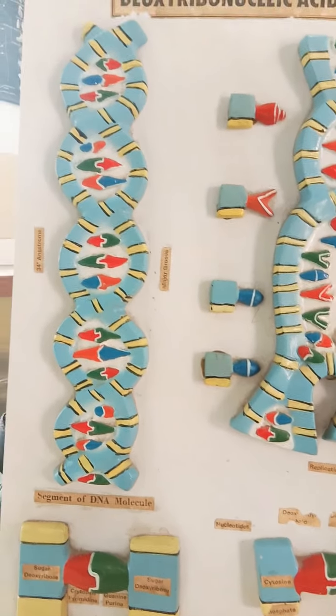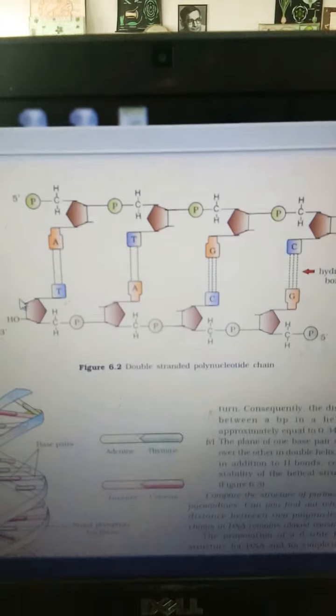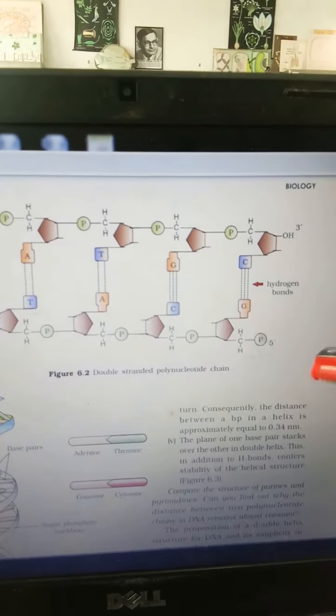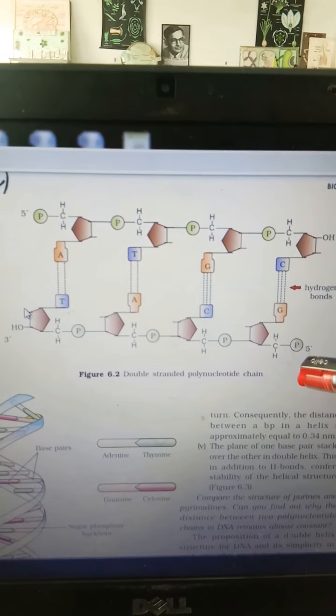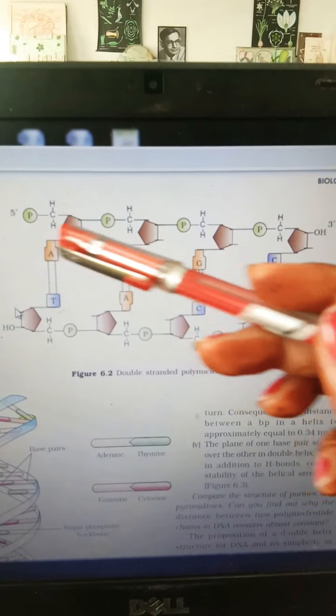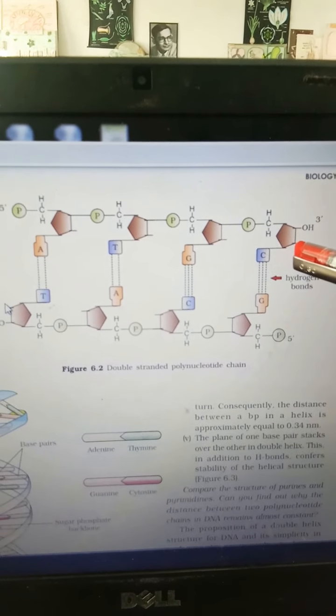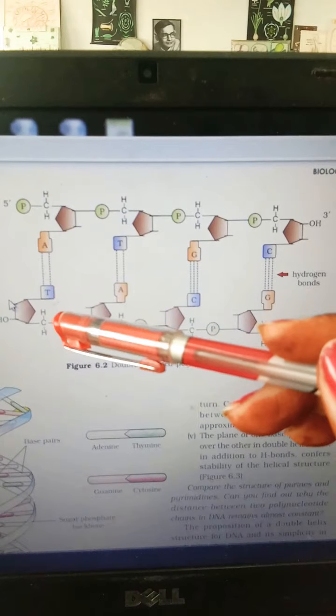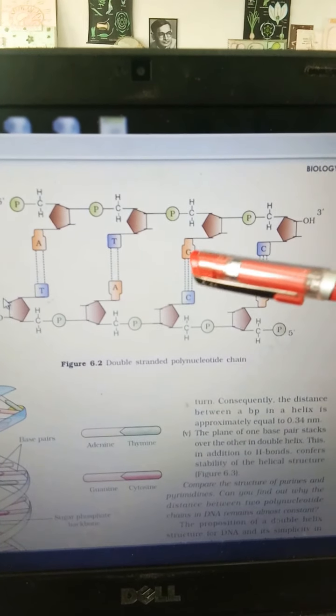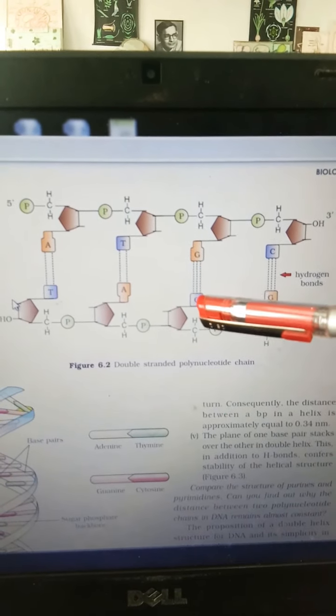You can also understand this diagram here. This is the 5' end of one DNA strand, this is the 3' end of the strand, this is 3' and this is 5'. Opposite polarity will be there. At the 5' end a phosphate group will be there, at the 3' end an OH group will be there. A always pairs with T having a double bond, G always pairs with C having a triple hydrogen bond.